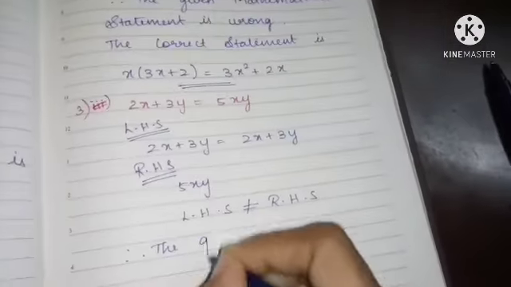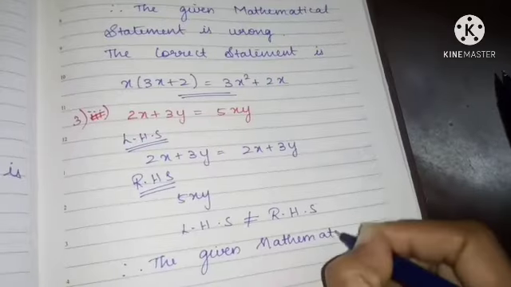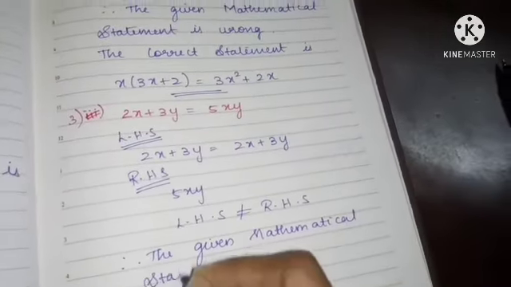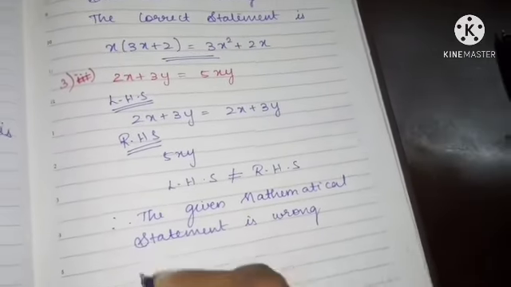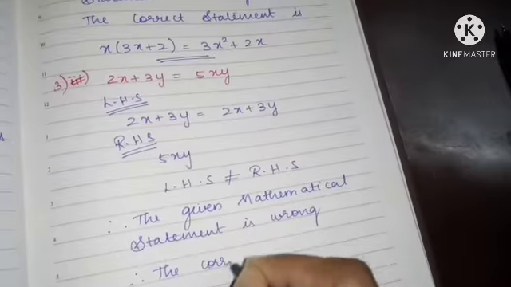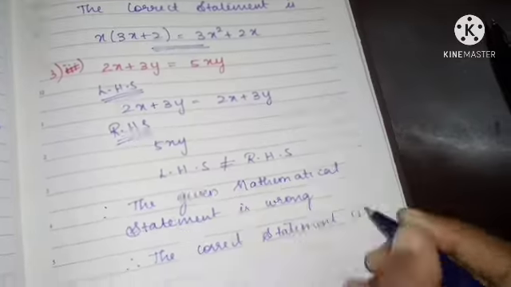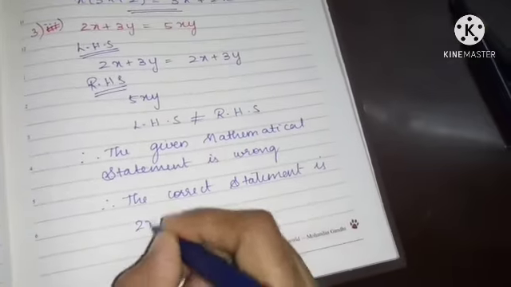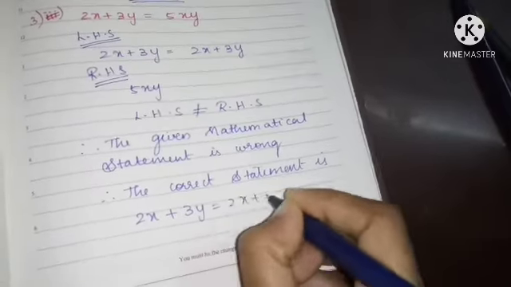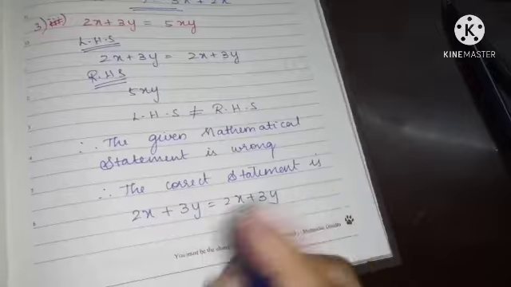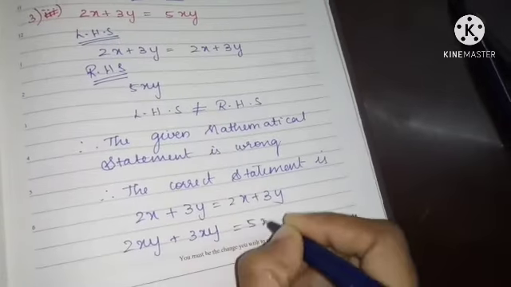Therefore, the given mathematical statement is wrong. Okay, therefore the correct statement is, 2x plus 3y is 2x plus 3y only, or you can write in some other way: 2xy plus 3xy is equal to 5xy.